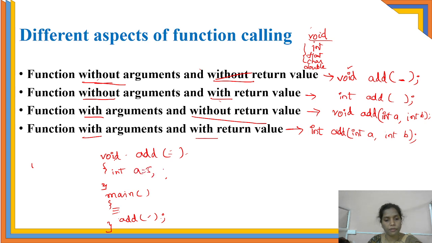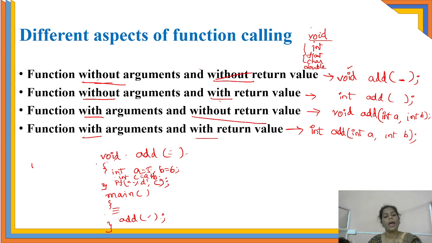A equals 5, b equals 6, and int c equals a plus b. And without return type, the function will not return any answer to the main. So you need to print the answer in the function itself.